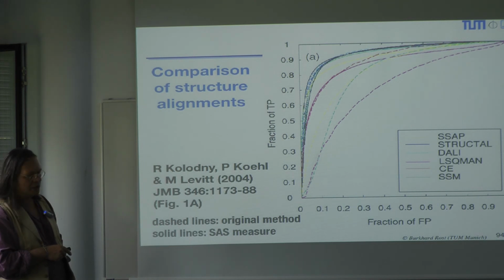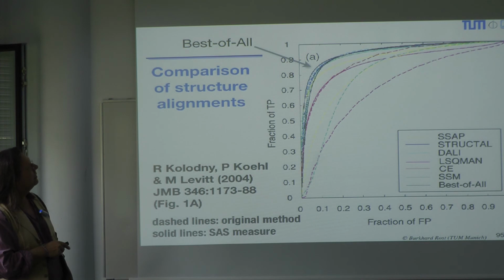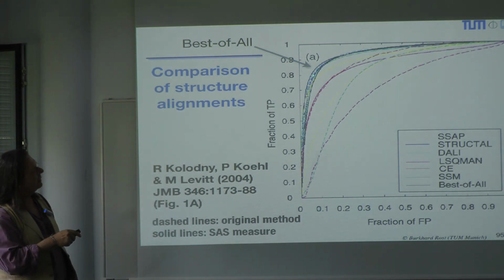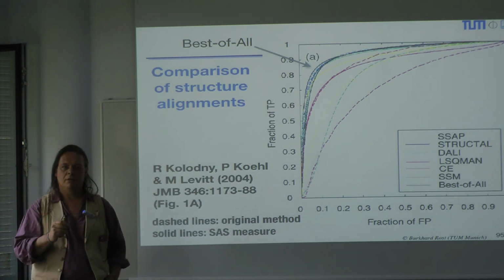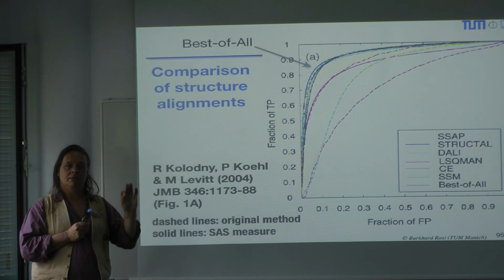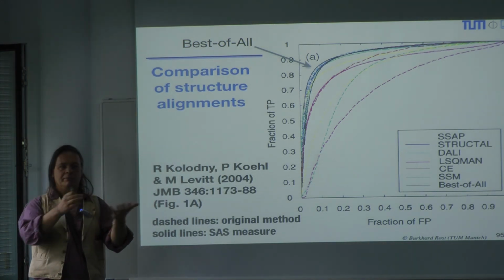And the first observation is that, in fact, there's a difference. The second observation is that, well, I didn't tell you that before. So this is if you, for every single method, use the best of that method. So you have 5 different methods, and one of them is the best.